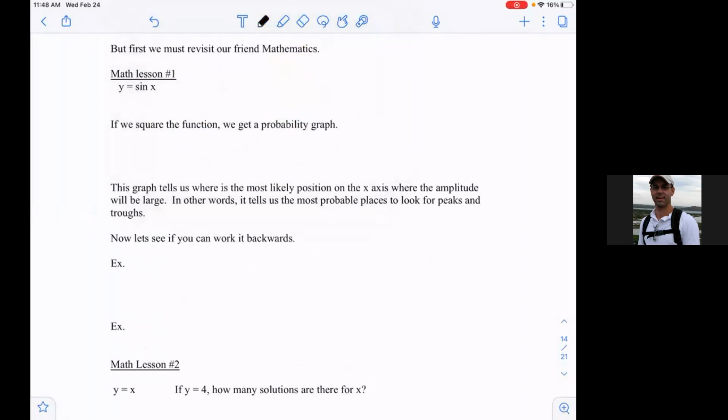In math class, the sine function looks like this. Goes from 0 to 1. It crosses the x-axis at pi and 2 pi. You remember this from math?